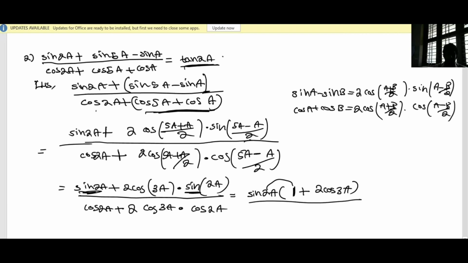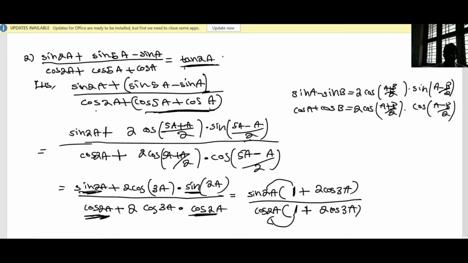Similarly, in the denominator cos 2A is the common term. Take it outside, into 1, because 1 into cos 2A gives cos 2A, plus the remaining term 2 cos 3A.